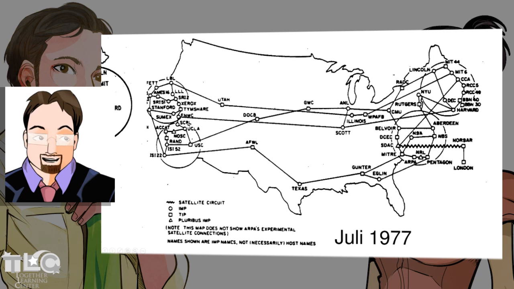Over here we can see we have London connected, the Pentagon was connected. We have businesses and universities and the government all on the same network, sharing information, sharing computer resources. And that's 1977. So we went from just 4 points on ARPANET to dozens of them in 1977.